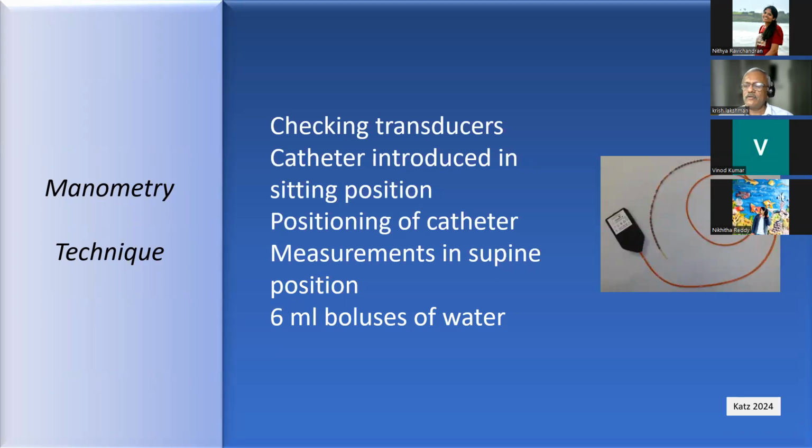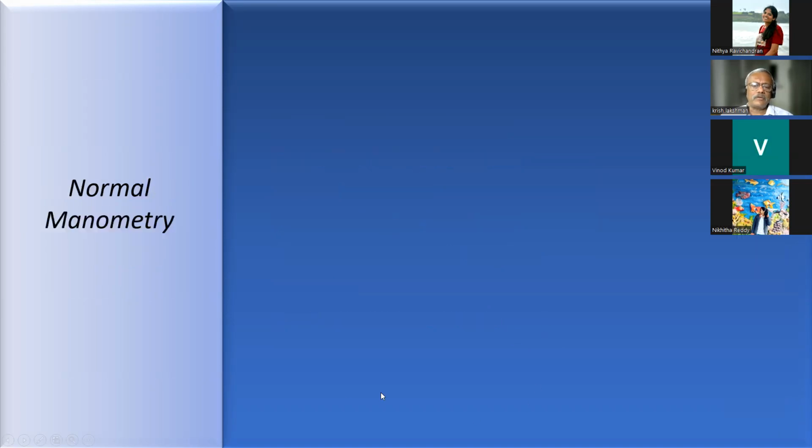As I told you, the levels are decided both from radiology and the pressure. You first put the catheter into the stomach and pull it back, and then check the pressures, and you know where the LES area is, and then you can have graded distances proximal to the LES, and then measure the pressures.